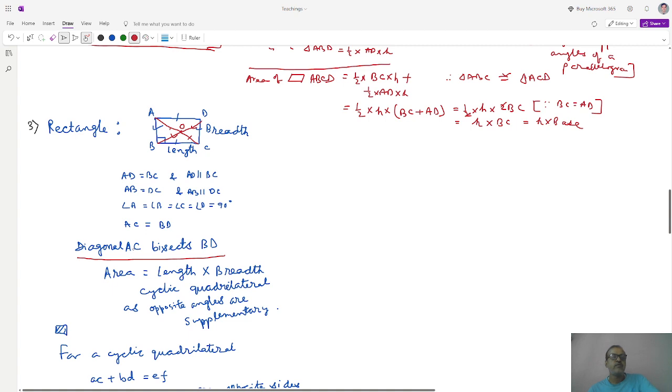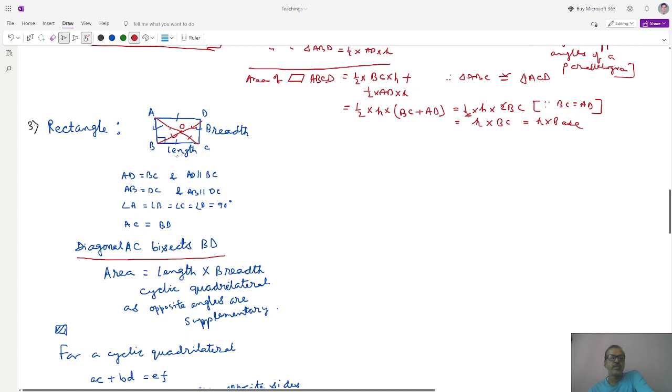What is the area of a rectangle? Since a rectangle is basically a parallelogram, we already know that the area of a parallelogram equals base into height.